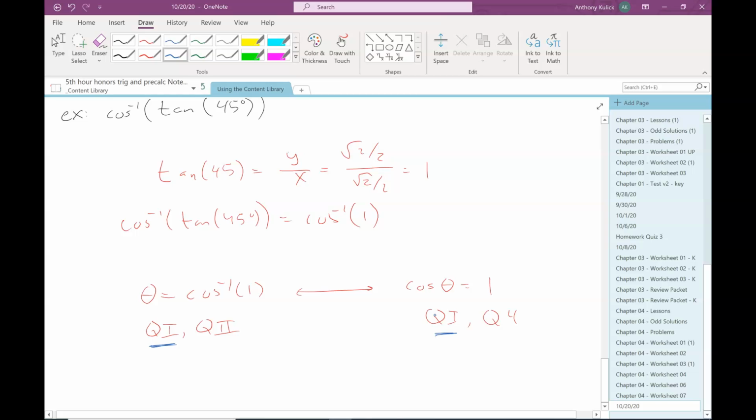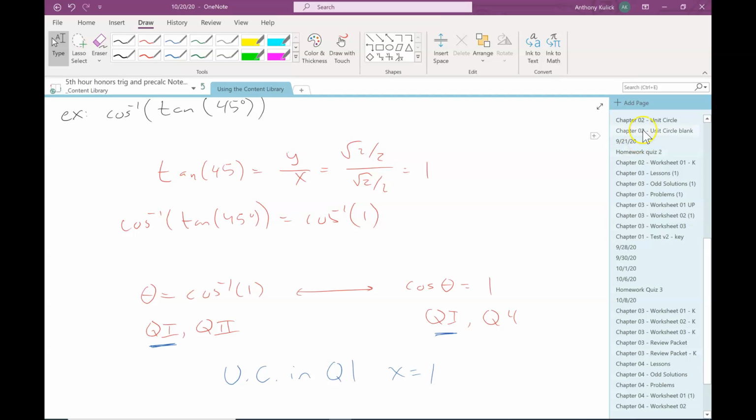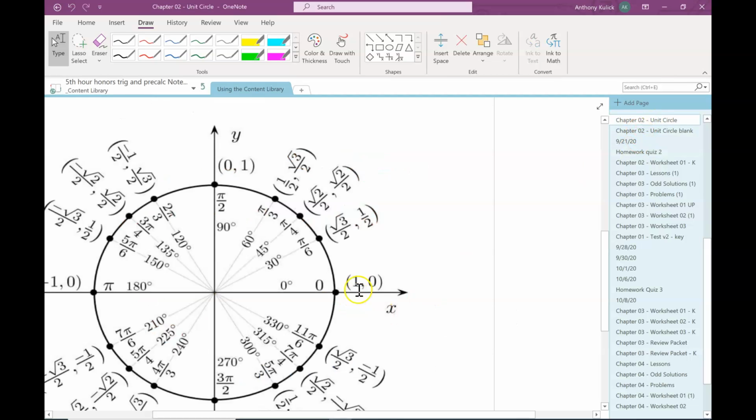So here we want, looking in quadrant 1, so we're going to go to the unit circle, look in quadrant 1, and look for the place where the x-coordinate is equal to 1. That's happening right here, which is the angle 0. Is everybody okay with that?